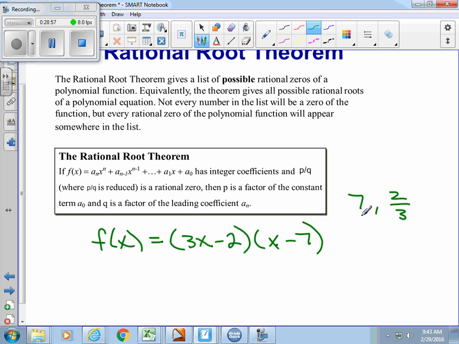If those are rational zeros, then the tops of those are factors of the constant. Would you agree that 7 and 2 are both factors of 14? And the denominators are factors of the leading coefficient. Would you agree 1 and 3 are both factors of 3? Now, there is a much longer list, though, so we're not going to pick those out.